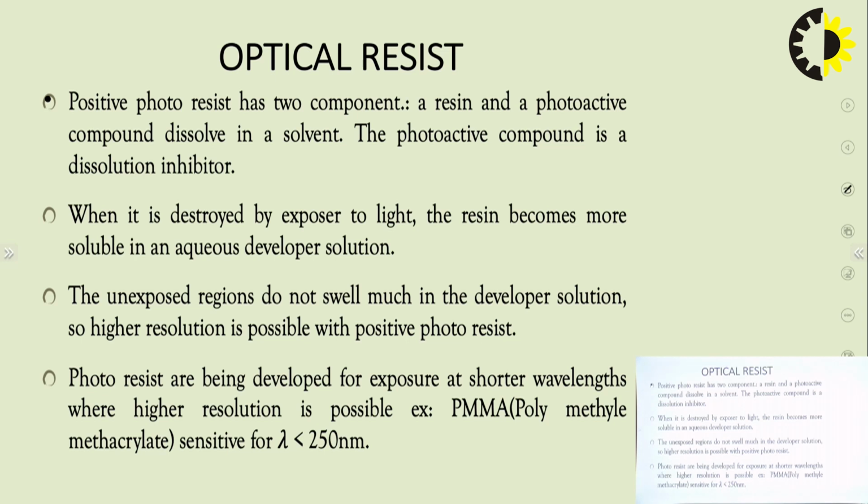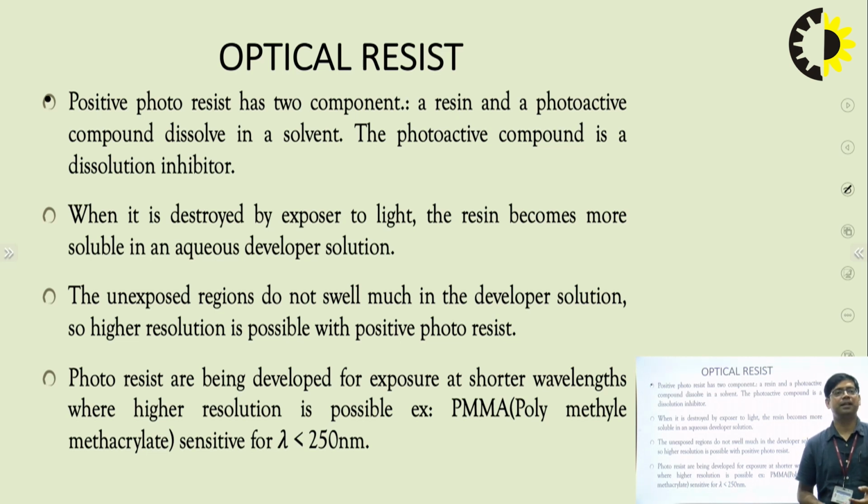Let us go into further detail of what a photoresist material comprises of. A photoresist material has two components known as a resin and a photoactive compound. The photoactive compound is a dissolution inhibitor, and when this photoresist is exposed to radiation, this photoactive compound is destroyed by the light.